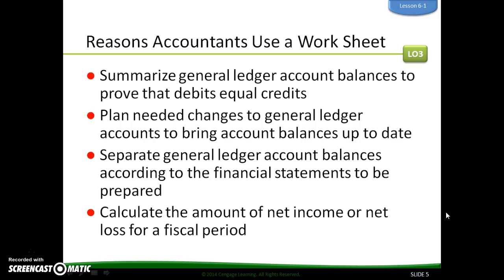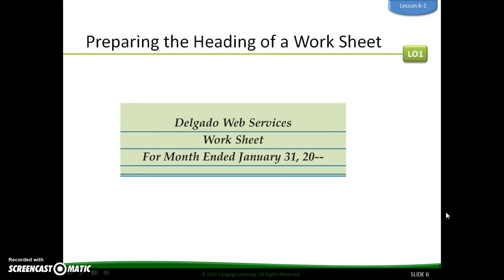And then we use a worksheet because we want to calculate if there's net income or net loss for any specific fiscal period, whether that fiscal period is a month, 3 months or a quarter, 6 months for half a year, or the whole fiscal year. And we'd be looking at net income or net loss.